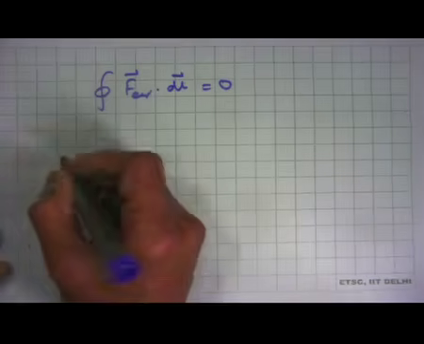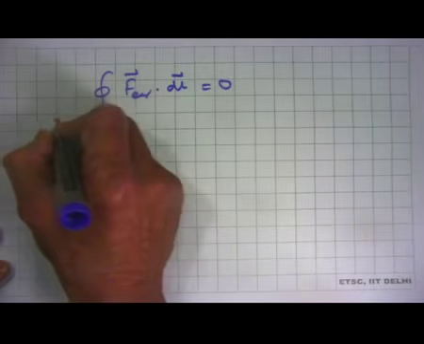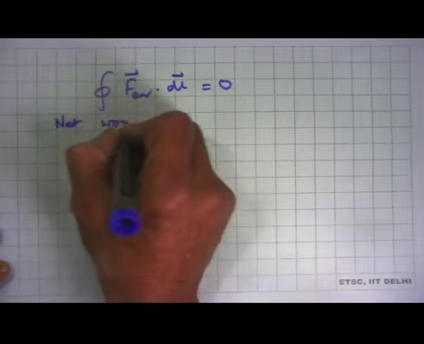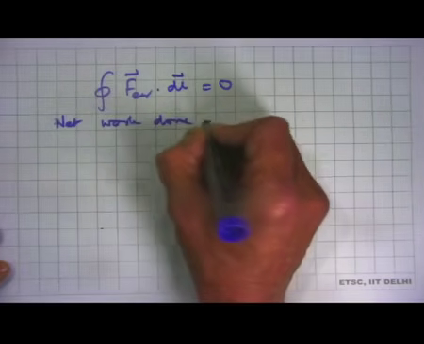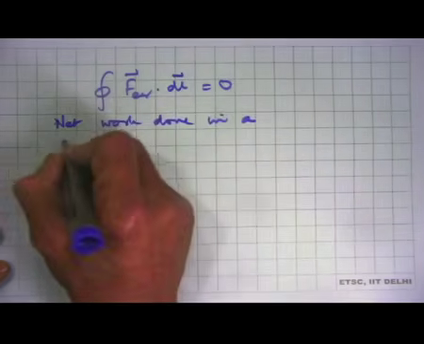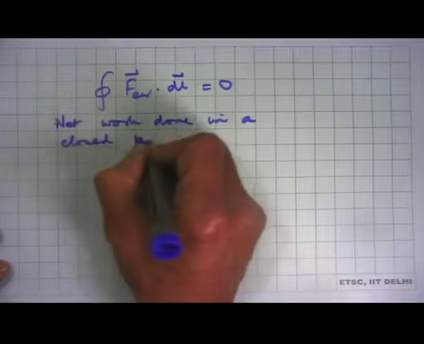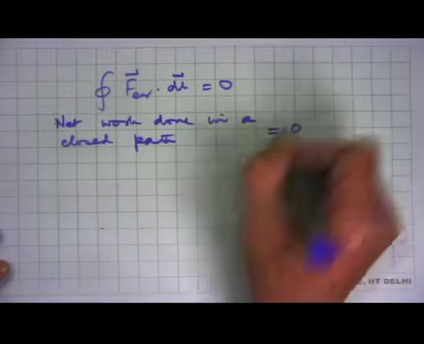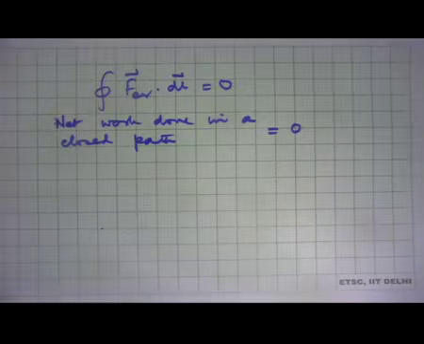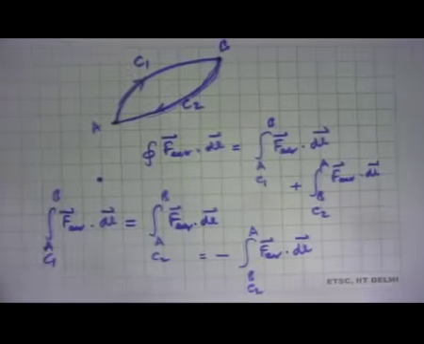That means, in a closed path, the net work done is equal to 0, and this is again a characteristic of conservative forces.